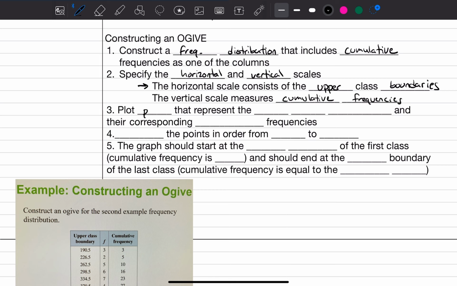Then you're going to go ahead and plot the points that represent the upper class boundaries. Again, it has to be the upper ones, not the lower, and their corresponding cumulative frequencies. Then you're going to go ahead and connect the points in order from left to right. The graph should start at the lower boundary of the first class.